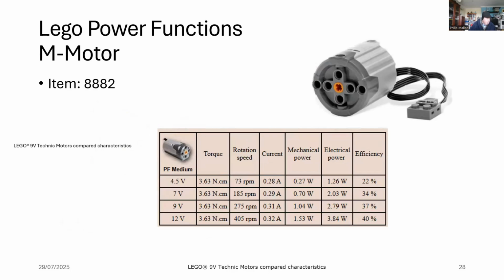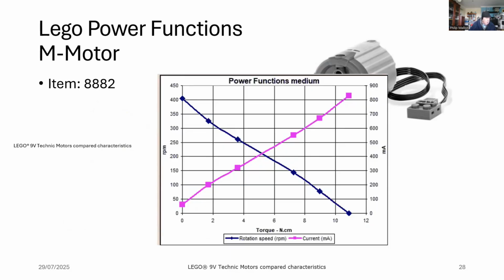And the M motor, you can see the characteristics of it here at different voltages from 4.5 volts to 12 volts. The lowest voltage is the least energy efficient. It's only 22%, whereas if you get it up to 12 volts, you can get the efficiency up to 40%. And we can also plot the torque versus speed in RPM.